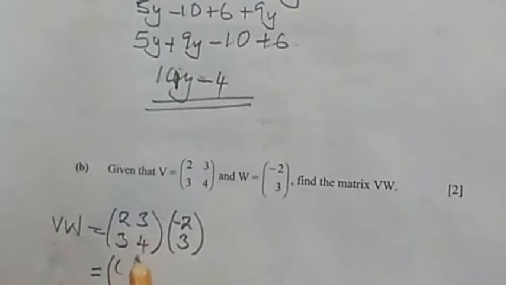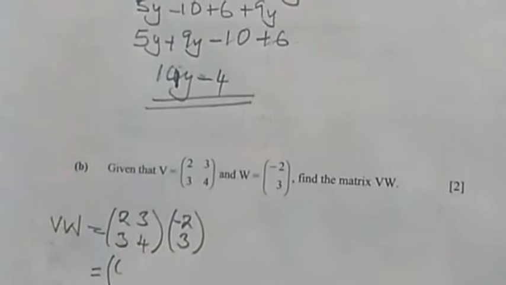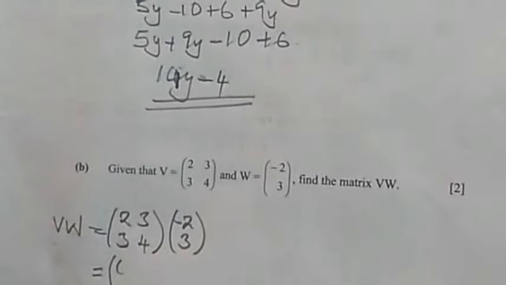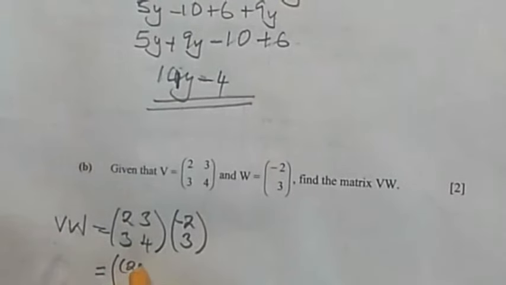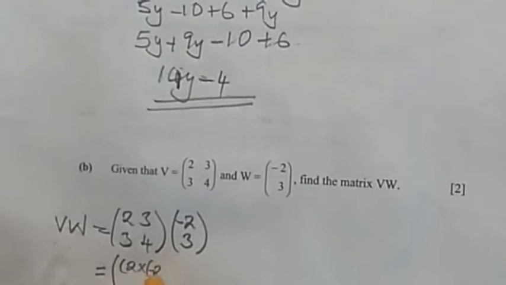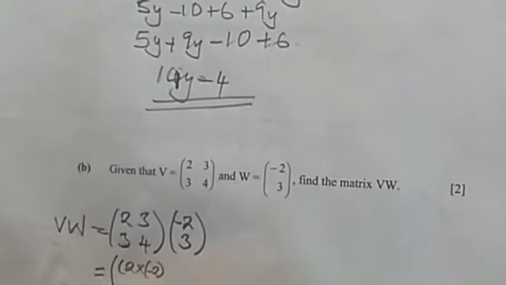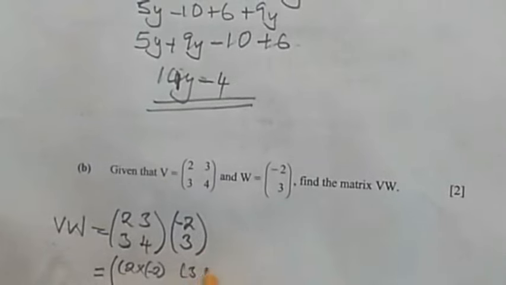So we're going to come up with the open bracket 2 by negative 2, then I'm also going to multiply 3 by 3, close bracket.